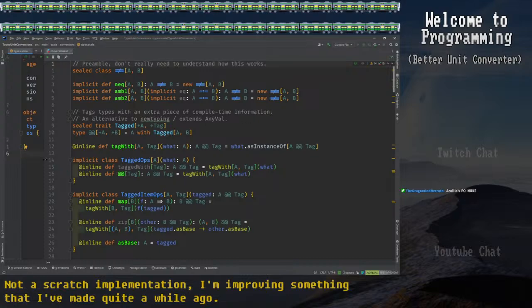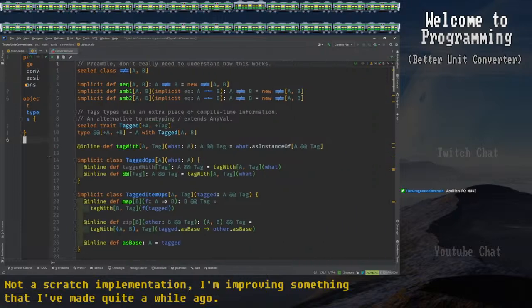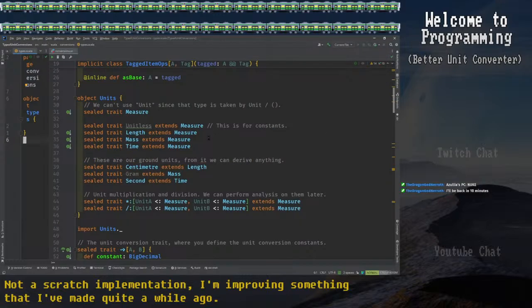Anyway, hello. So a while ago, for a really dumb thing I was making, I needed to make a unit converter tool, a unit converter thing to go in my code. I thought, hey, what if we made it so that everything is defined on a type level?